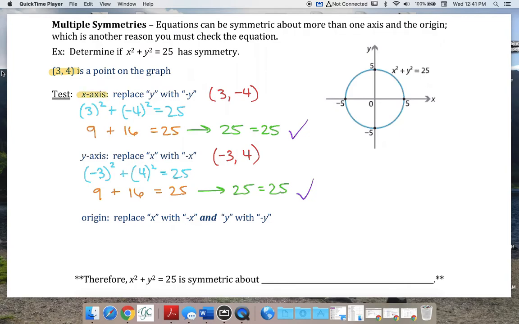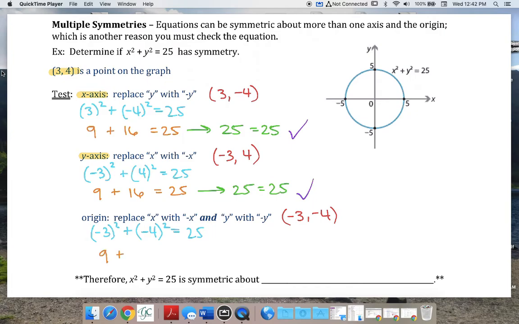So we said yes to x, we said yes to y. Let's check for origin. Now across the origin, this is where we're changing quadrants diagonally. So both x and y are switching signs. So this will be a -3 and a -4. So we'll plug in a -3 for x and a -4 for y. But again, we're still squaring these values, and when we square a negative number, we do get a positive.